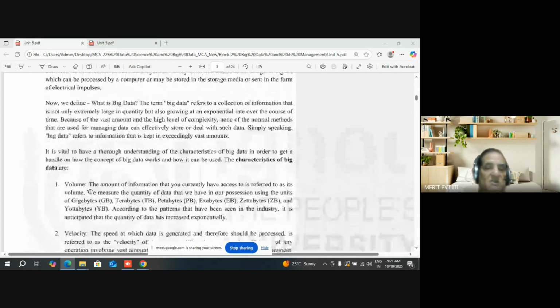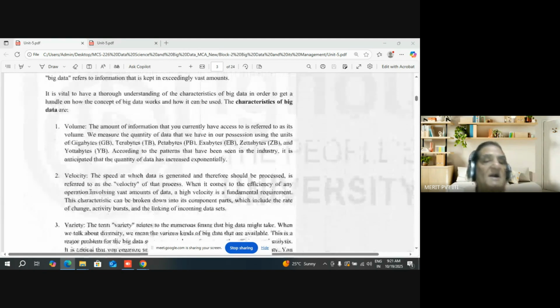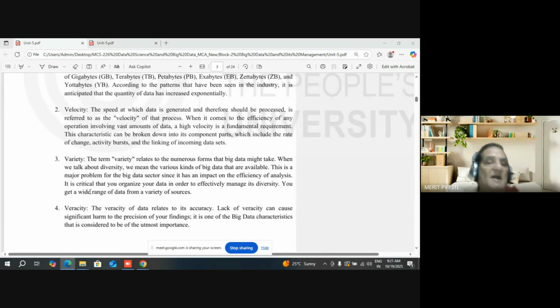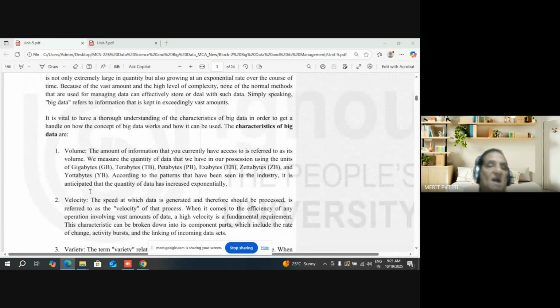So therefore you can see that the characteristics of big data are volume, velocity, variety, veracity. Because big data talks about the volume and the velocity with which data is generated.